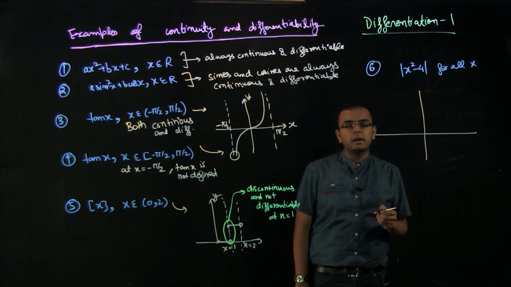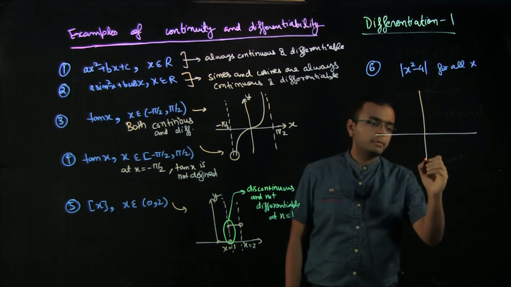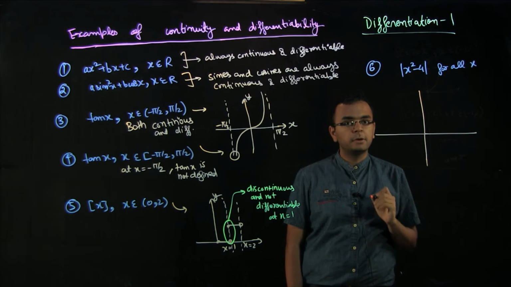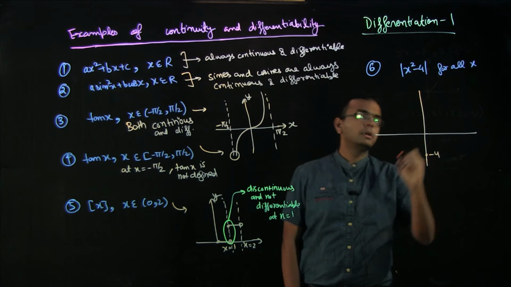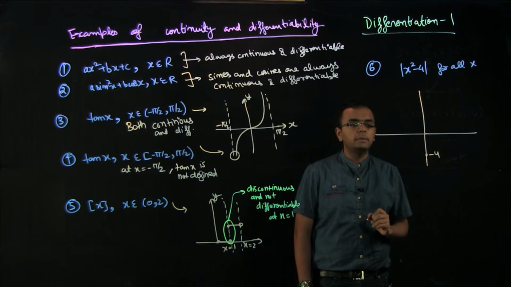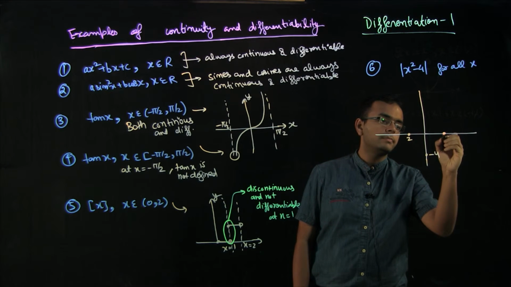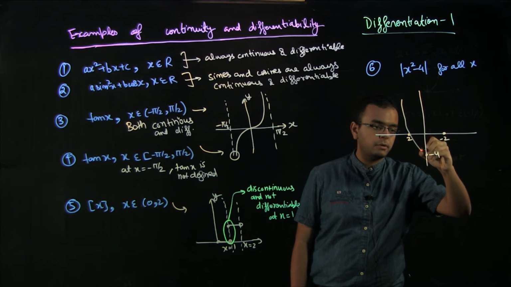Step 1 for drawing a graph like this is that you first sketch without the mod, x square minus 4. X square minus 4 is a parabola with face opening upwards, because the coefficient of x square is positive, and the intercept here is minus 4, because at x equal to 0 the value is minus 4, and here at 2 and minus 2 you can sketch the parabola something like this.